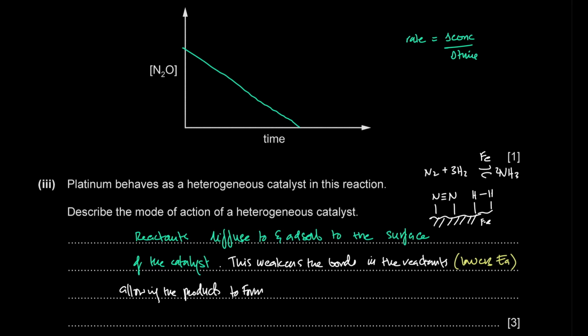So ammonia ends up forming, and then at the end of it, the ammonia desorbs or breaks away from the surface of the catalyst. Initially the ammonia is bonded to the surface and eventually it desorbs. That's the opposite of adsorbs. So ultimately the products desorb from the surface of the catalyst.